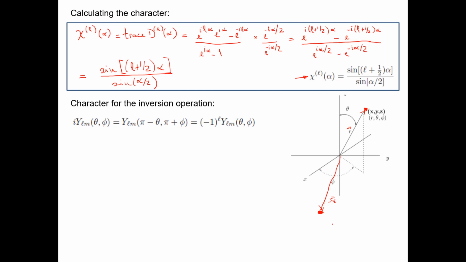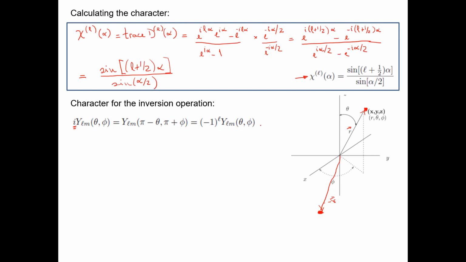If you forgive my drawing, but if you think about the geometry in this problem, you can see that when I apply the inversion, this is the inversion operator, right? It's not the imaginary number. So when I apply the inversion, you can see that this takes me to the position pi minus theta and pi plus phi. If you look at this and think about it, you can see that this is the case.